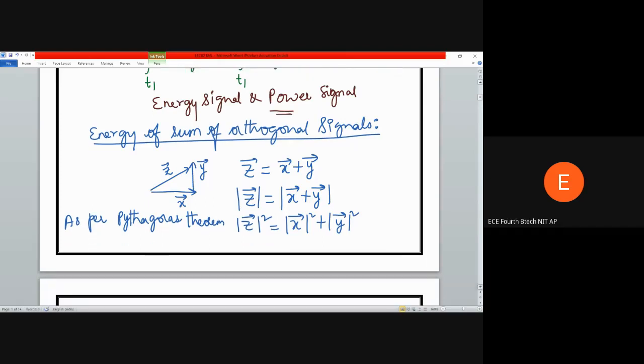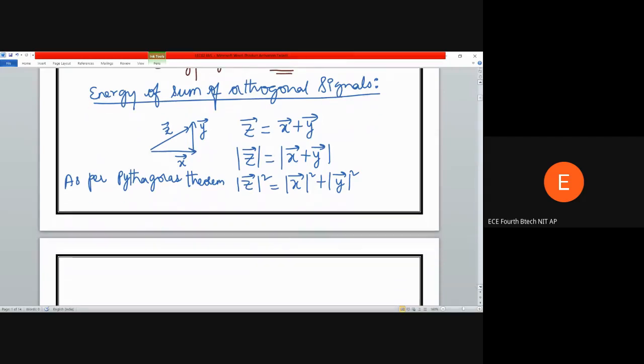Now, if this is the case with orthogonal vectors, can I apply the same thing for signals?